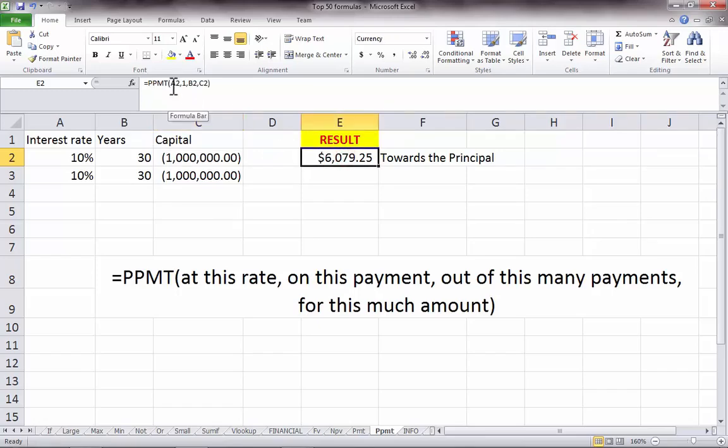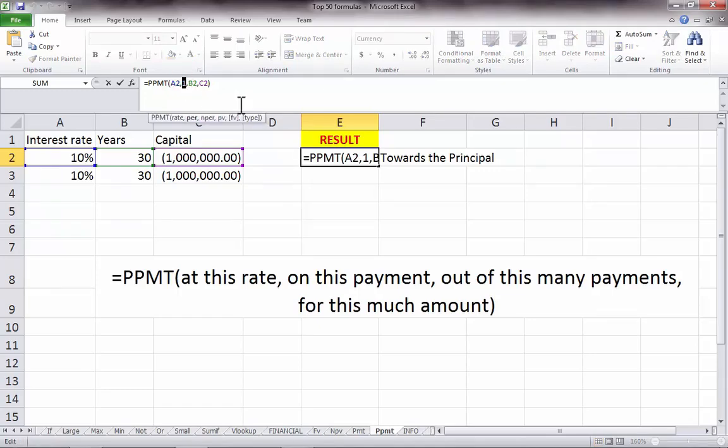What you're seeing over here is you're specifying the rate, and then this one is actually which period of payment you are interested to have Excel compute for you. What Excel would give you is the amount that goes to paying the principal, because there are two amounts.